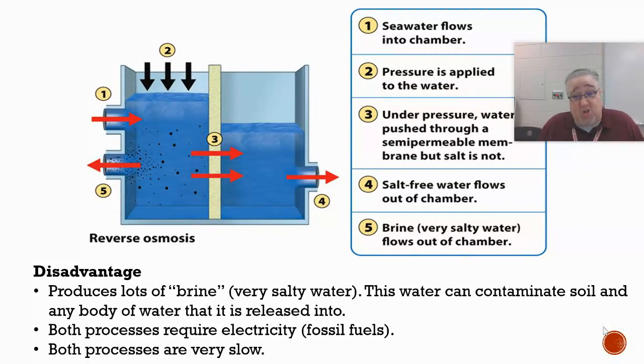So they've got to do something with all of that brine water. And what they usually do is they'll just dump it into a river or into the soil. And that could lead to salinization of the soil, where nothing can grow. So that's kind of a big problem. So what to do with the brine water is kind of a massive undertaking.